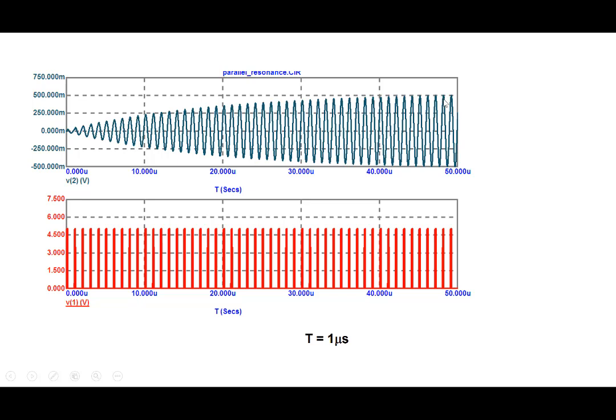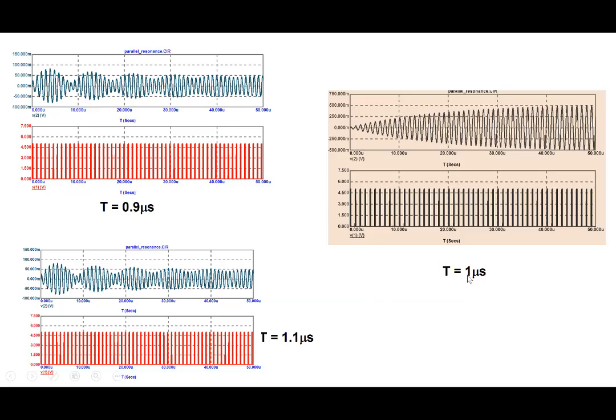And if I had a circuit with less dissipation in it, with fewer resistors in it, this would have reached even higher. So many systems have a natural frequency, and if you apply an input which matches the natural frequency, then the system responds with a very high amplitude, 500 millivolts.